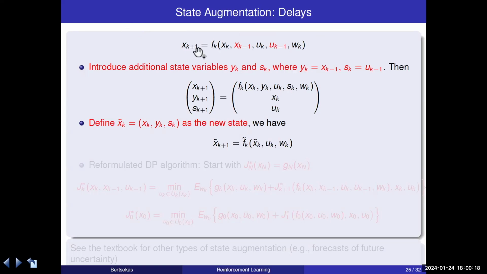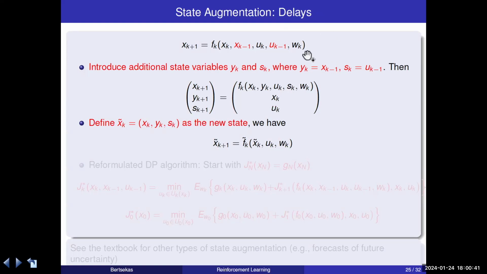So the next state depends not only on the current state and the current control and perhaps some noise, but also on the preceding control that you have applied and the preceding state that you were in. So there's a delayed effect on the next state. This is what we mean by the system equation involving delays.